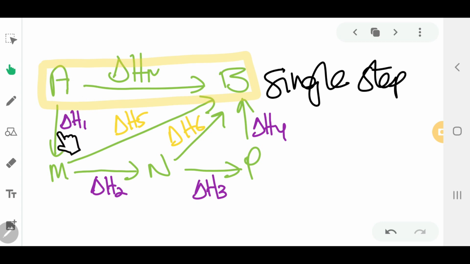When you convert from A into M, the value of delta H1 added with delta H5 will be the same as delta HR, as long as you end up with the same products as the single step reaction. Same goes if you take the other route right there. When you have delta H1 plus delta H2, delta H6, converting directly to B without going through P, the adding up of delta H1, 2, and 6 will be the same as delta HR.